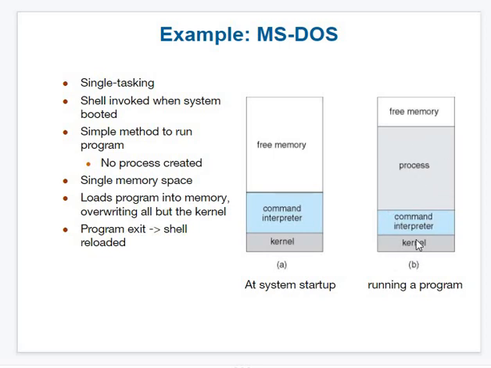The kernel and command interpreter will be present before and after the existence of a process. But as the number of processes or complexity of processes increases, free memory size decreases and process size keeps increasing. I hope it is clear now.